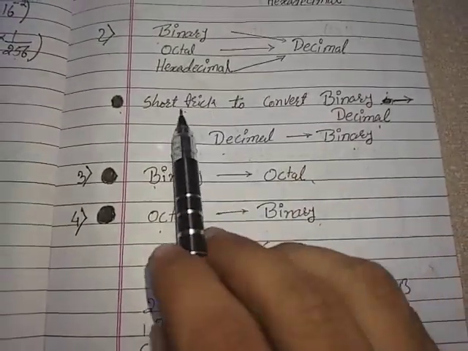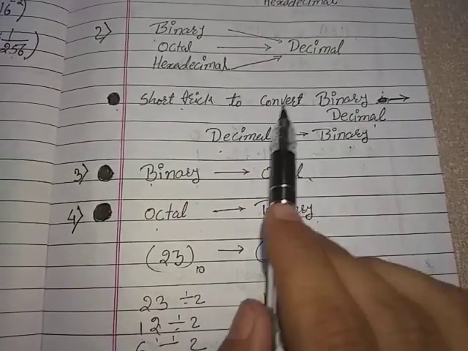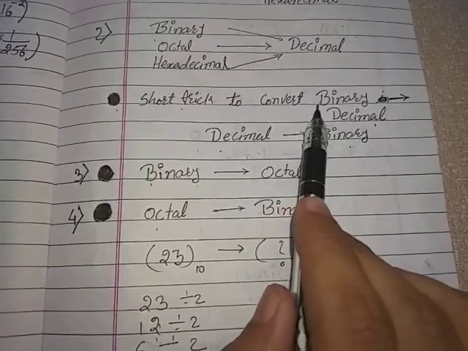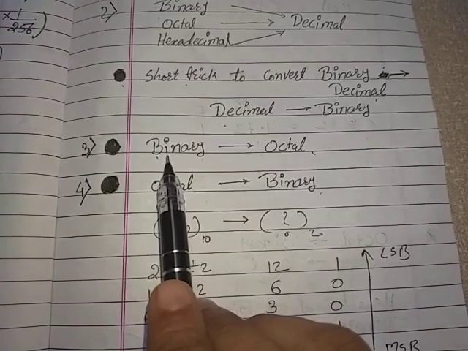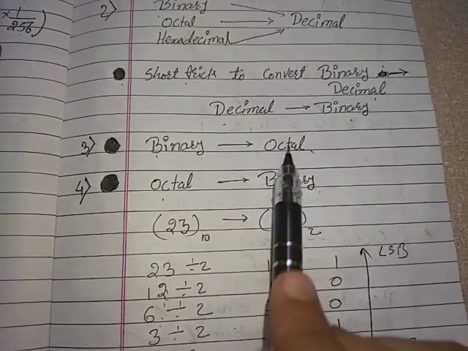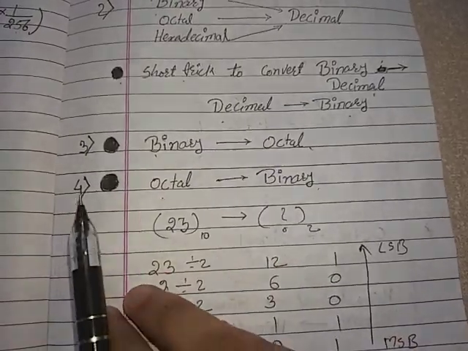In this lecture, we will learn the short trick to convert decimal number system into binary and binary number system into decimal number system. The second topic will be binary to octal conversion, and the third topic will be octal to binary number system.